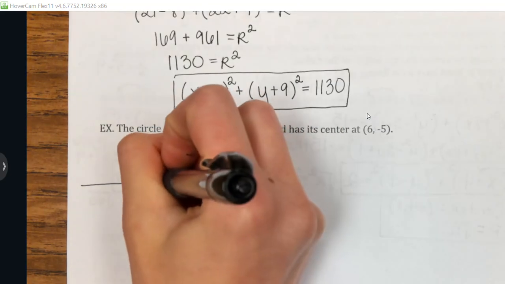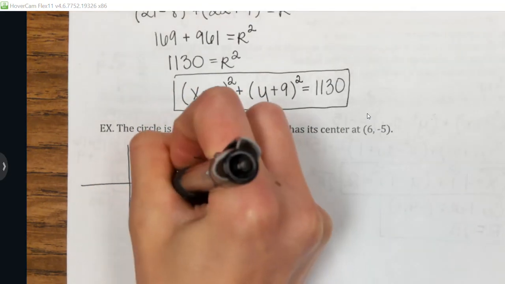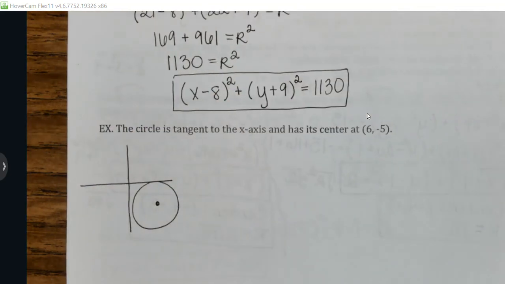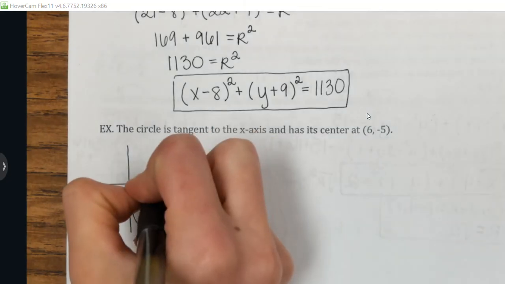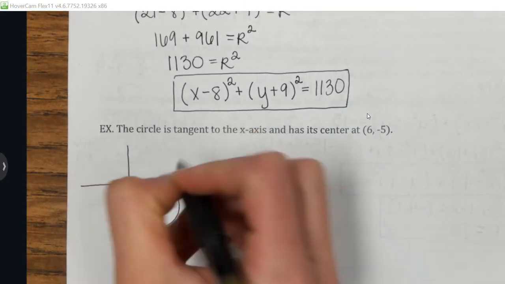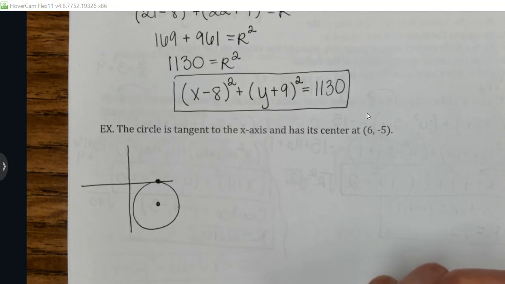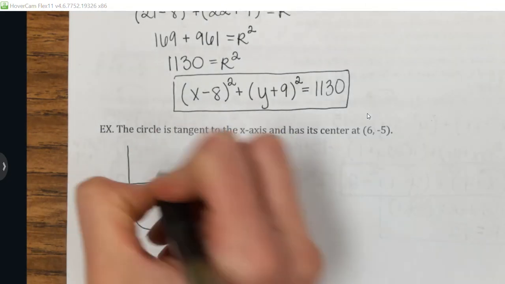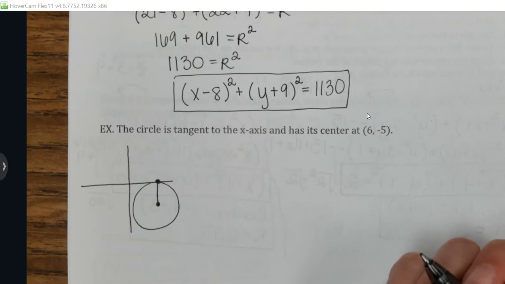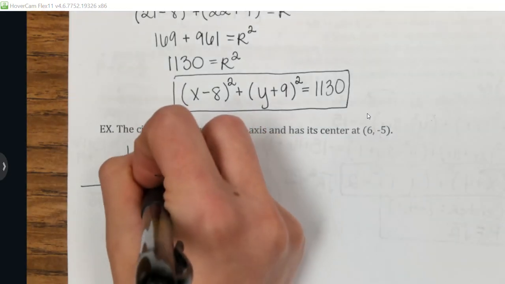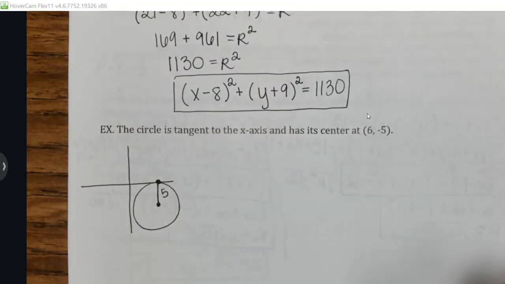So my circle is going to look something like that. If it touches the x-axis, what's my radius? Five. This is why I draw a picture, because I have to visualize. That's going to be my y value, which is 5. Do y'all understand that?